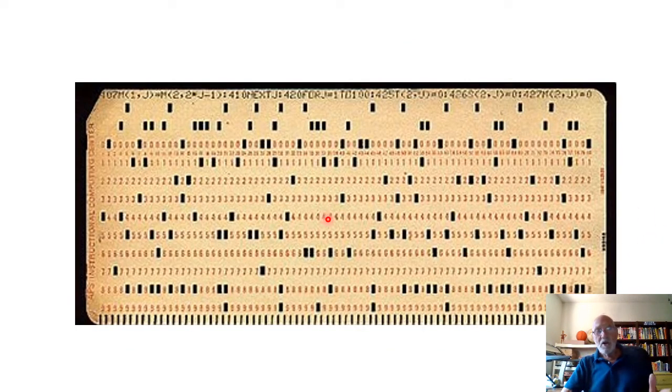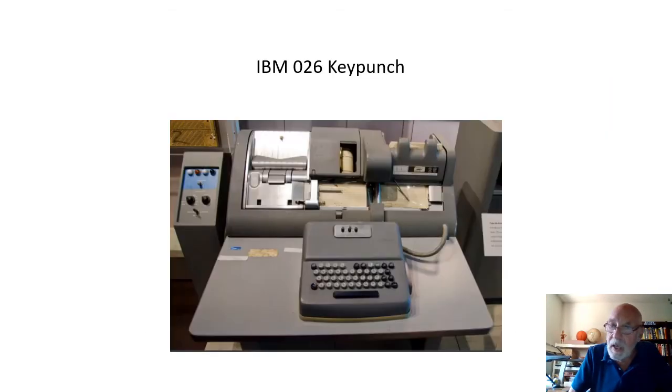Okay, here's a punch card, what they call an 80-column punch card that they developed for early use in the mainframes. And you can see a lot of data there. And the way they generated these cards was with this machine here, the key punch machine. They had the old 26 and later the old 29.